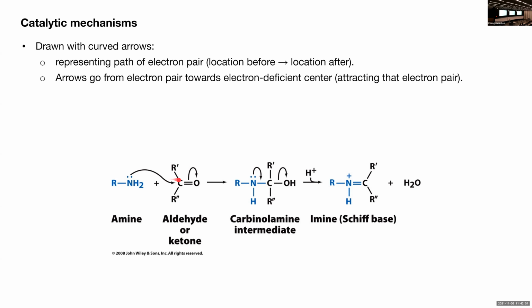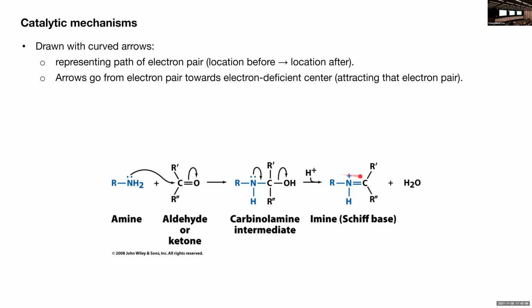So this is an example here where it shows the reaction between an amine and an aldehyde or a ketone, which has this ketone group right here, and this amino group here, which has the electron pair already, attacks the carbon here. The arrow means that there is a movement of electrons to form the electron pair, in this case making the single covalent bond, as you can see here.